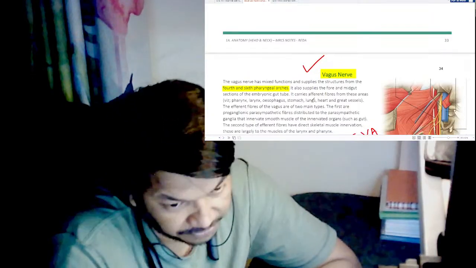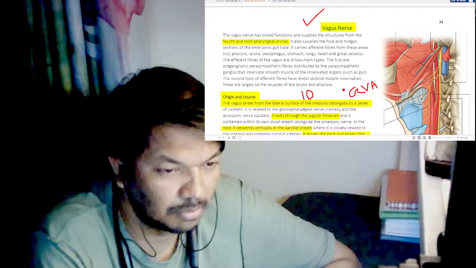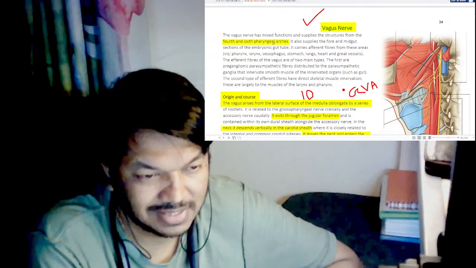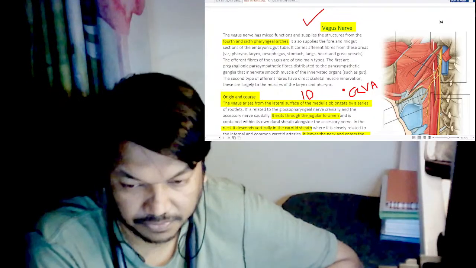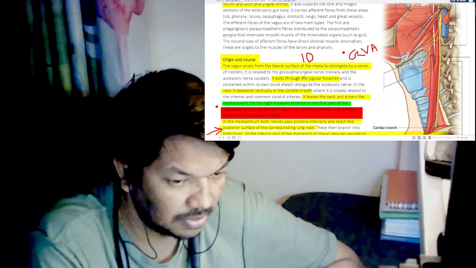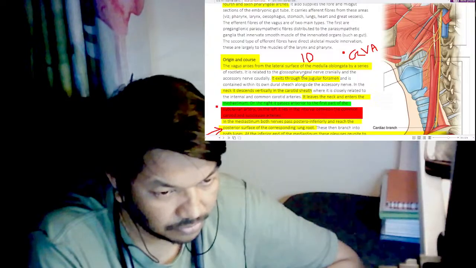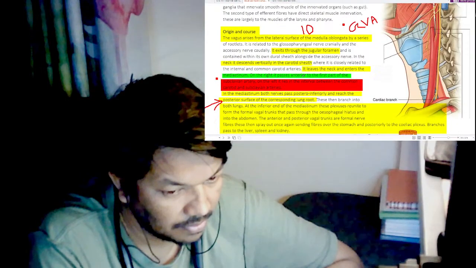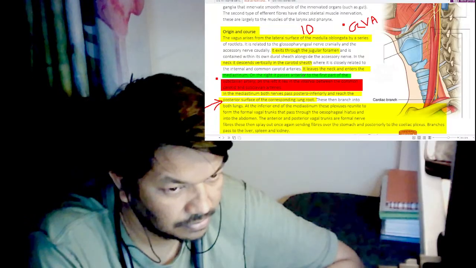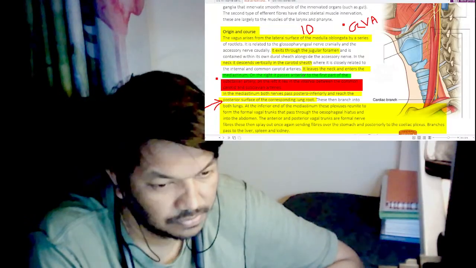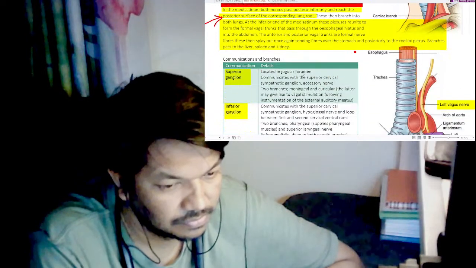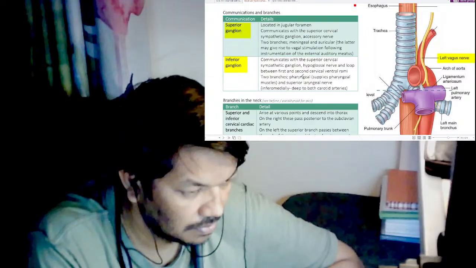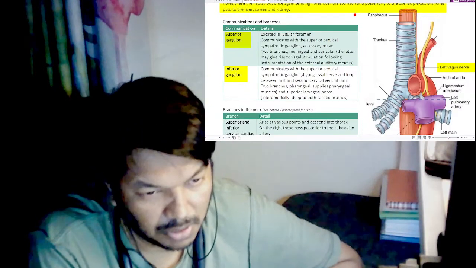Vagus nerve. Vagus is the boss nerve. It develops from the fourth and sixth pharyngeal pouches. Just remember one thing.